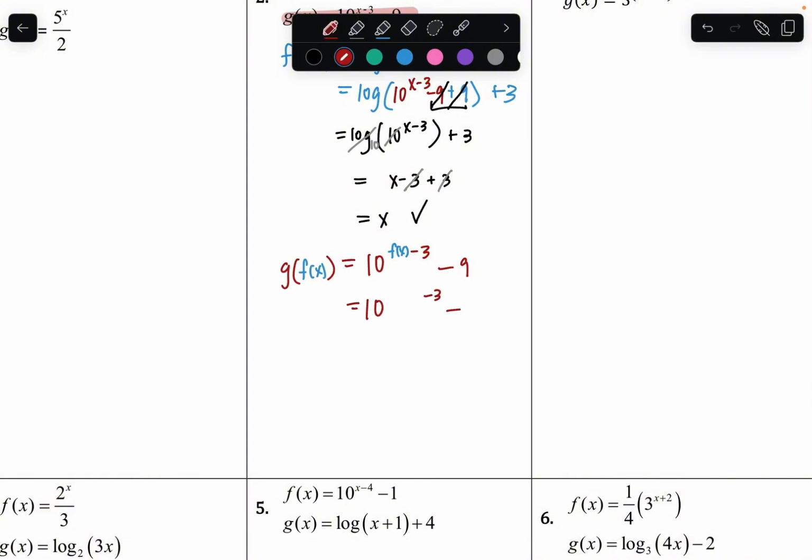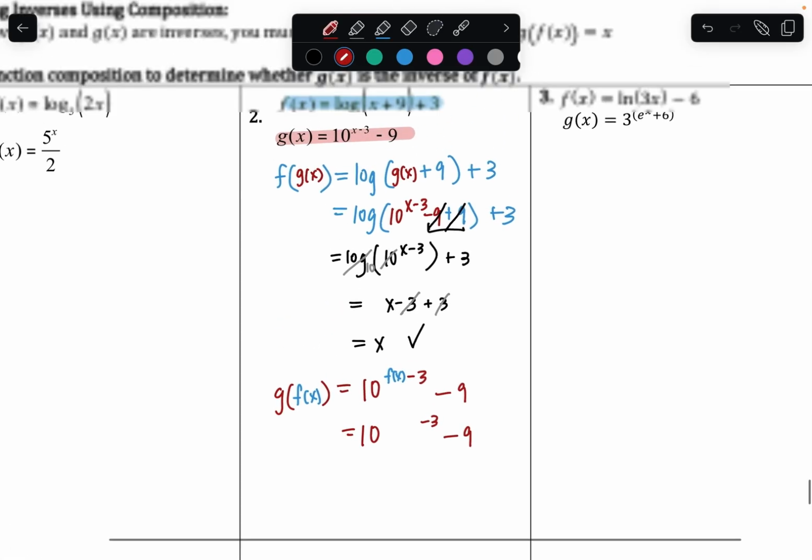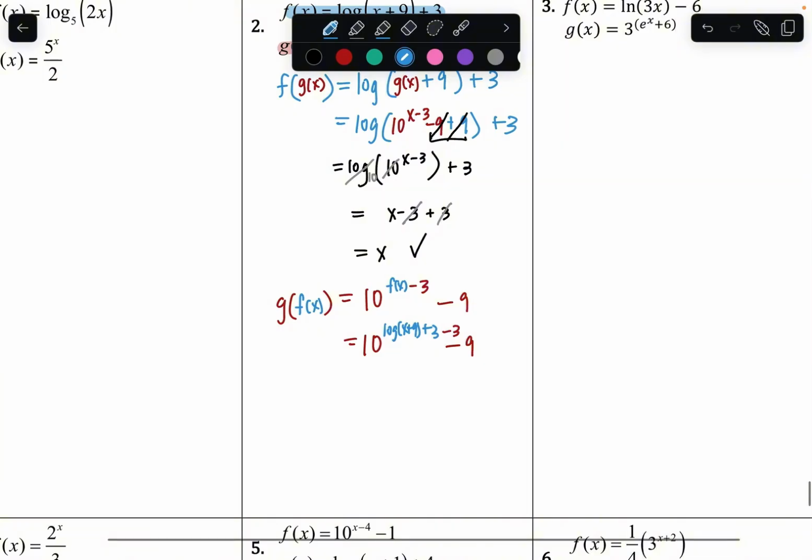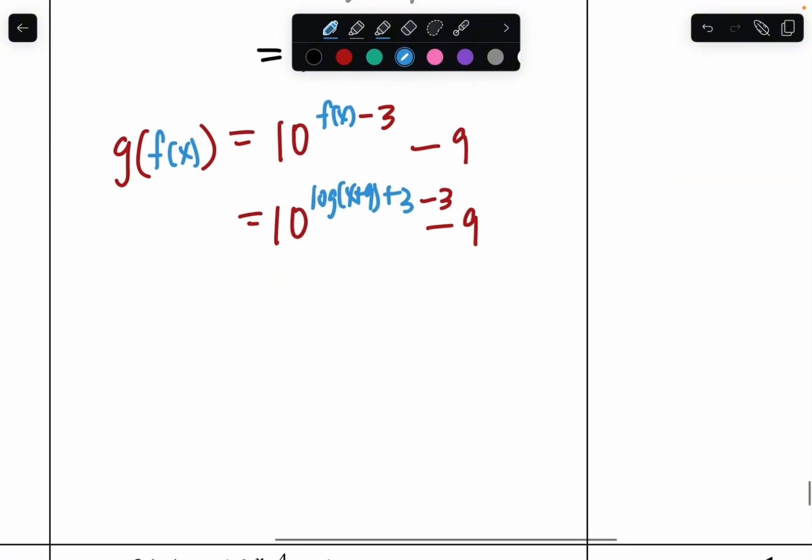I'm going to leave some room. And then f of x is log of x plus 9. I don't have enough room. And then a plus 3 outside the log. Okay, now we're ready to cancel. One cancellation per step. So the only thing that can cancel right now are those 3's.